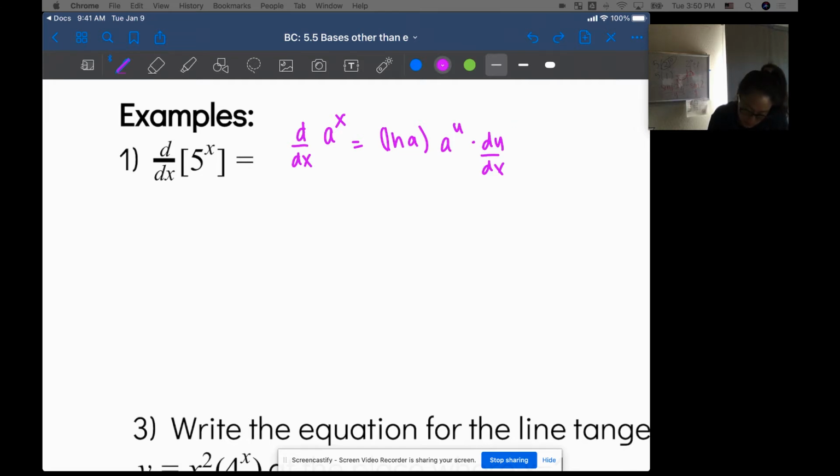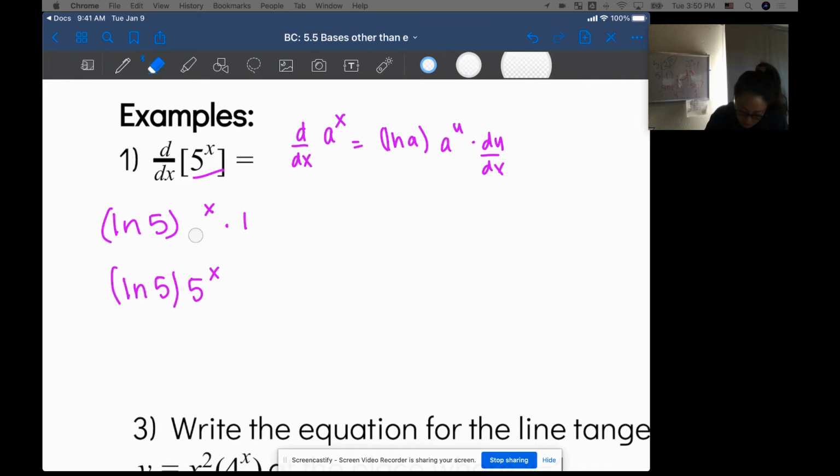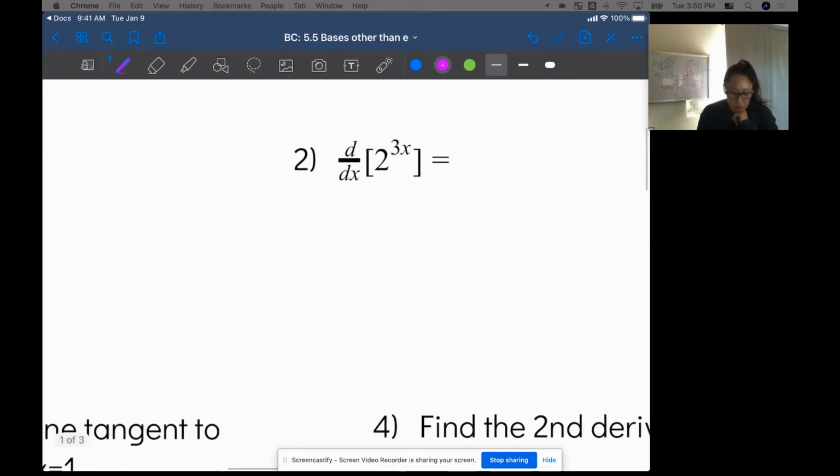Here we go, a is 5. So I have the ln of 5 times 5 to the x times the derivative of x, which is 1. So I get the ln of 5 times 5 to the x.